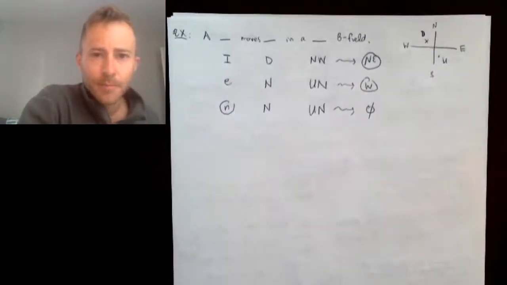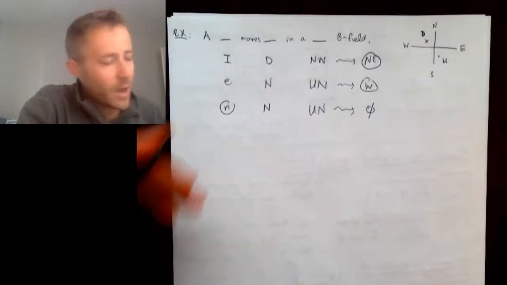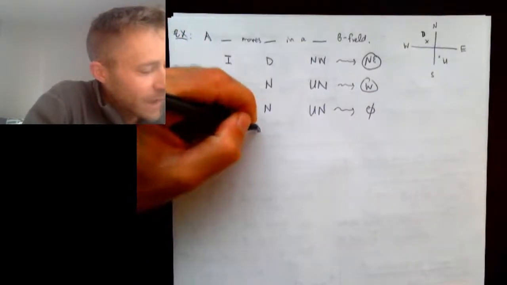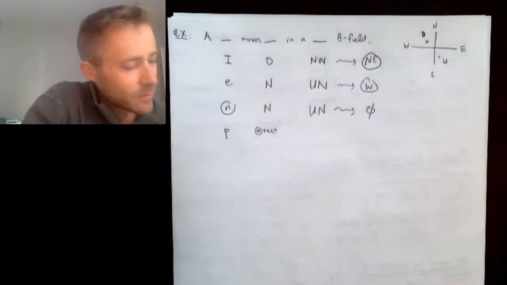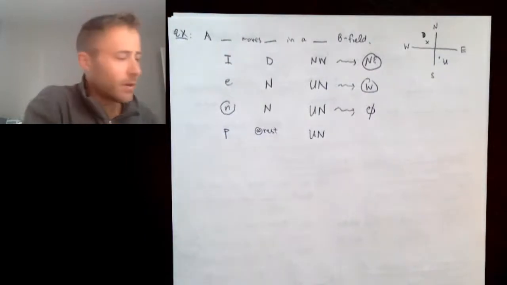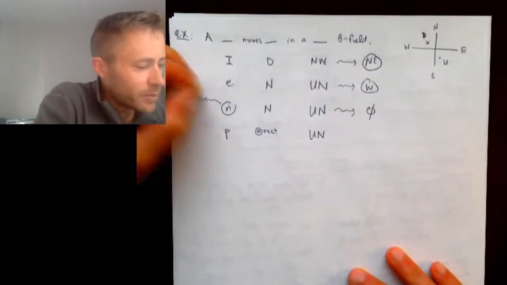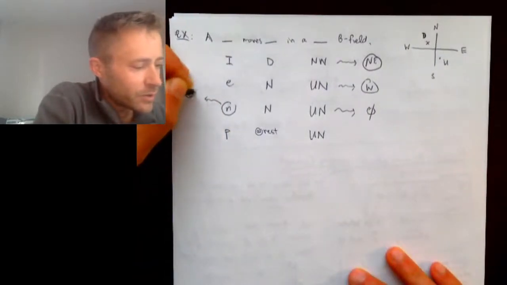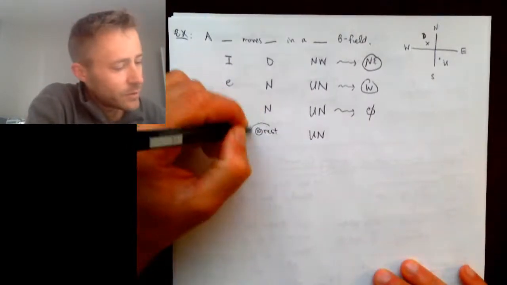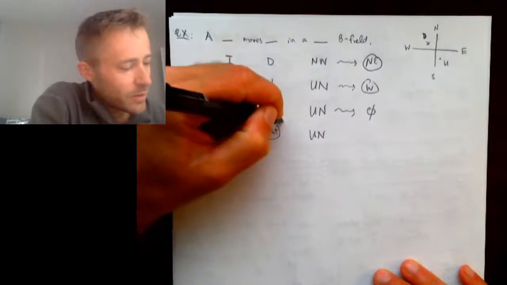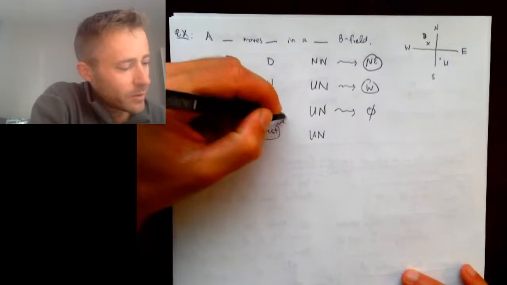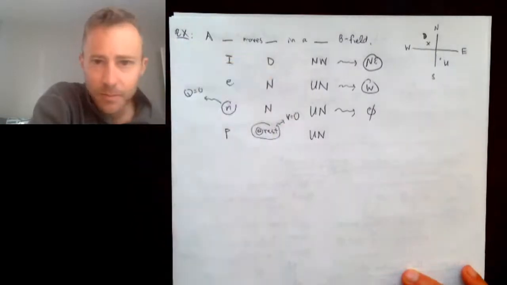What if we had a proton that is at rest in an up-north magnetic field. So at rest means that the velocity, the speed, is 0.